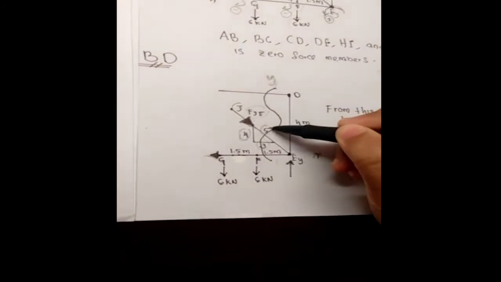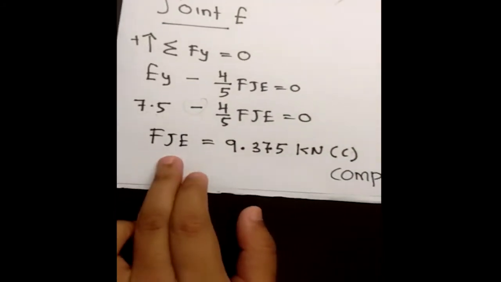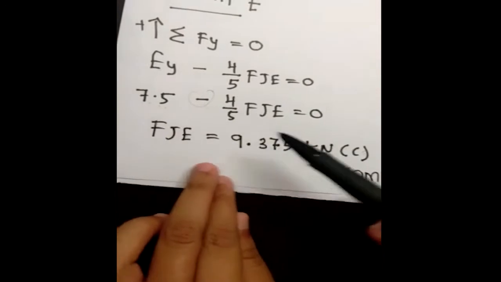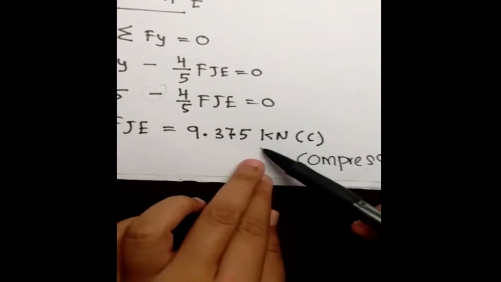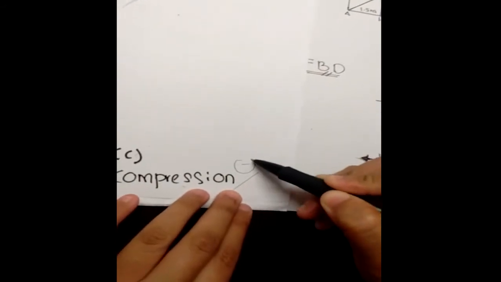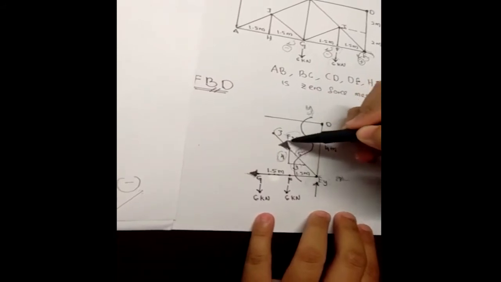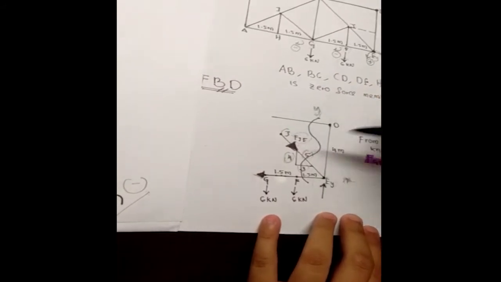Because this is Y and this is X, 4 over 5 FJE, downward so negative, equals 0. So FJE is 9.375 kilonewton. It is compression, because compression is negative from the FBD.